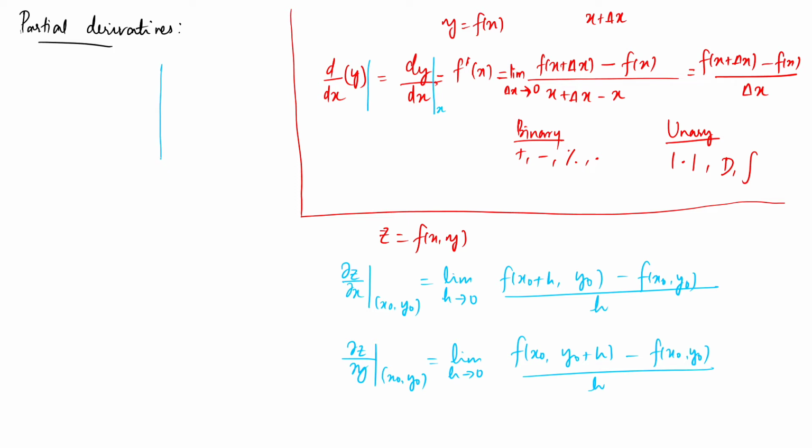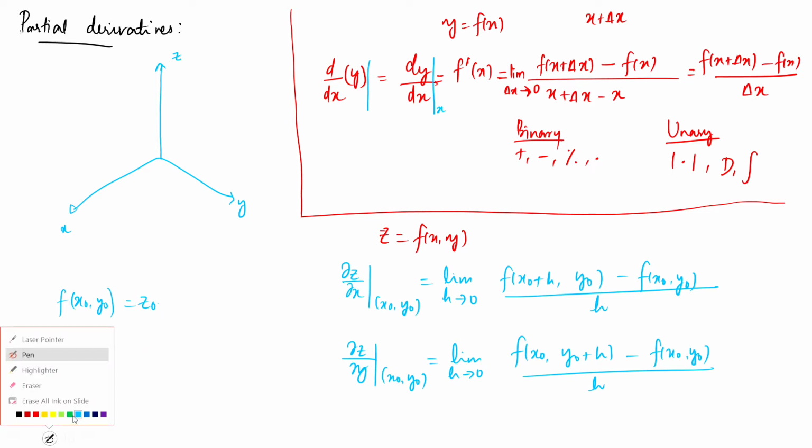Suppose you have, so let this be the x axis, let this be the y axis, and let this be the z axis. So if you have x naught, y naught which is fixed and you apply this to the function f, you would get some point which we denote as z naught. And let us consider the case where you choose your domain and you identify the range of f.